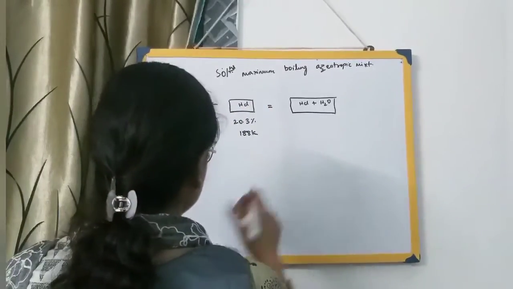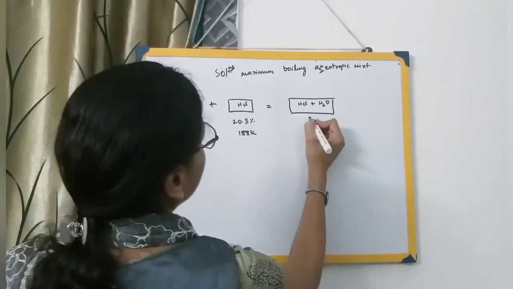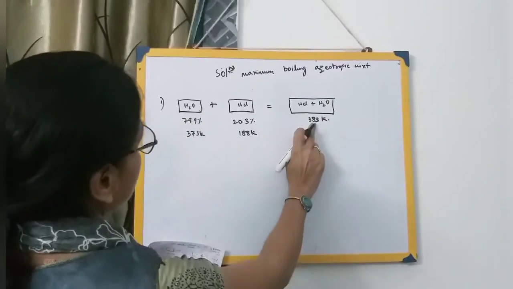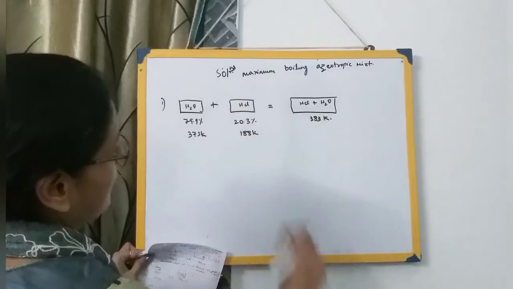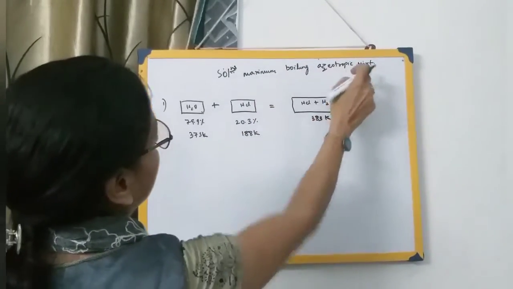Alright. So the mixture of HCl and H2O will be boiling at 383 Kelvin. So this temperature is higher than this temperature as well as this temperature. So such a type of azeotropic mixture, we call this maximum boiling azeotropic mixture.